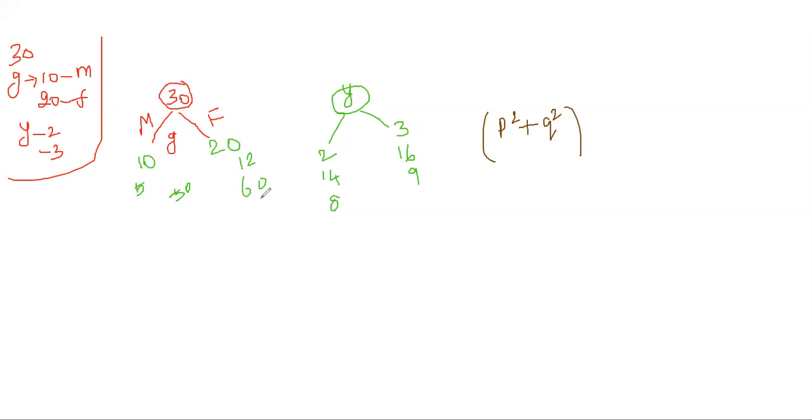First I apply the Gini index to the female data set. In female, 60 percent are successes, so that is 0.6. Our formula is p squared plus q squared, so 0.6 into 0.6, plus the failure probability, the remaining 0.4, into 0.4.